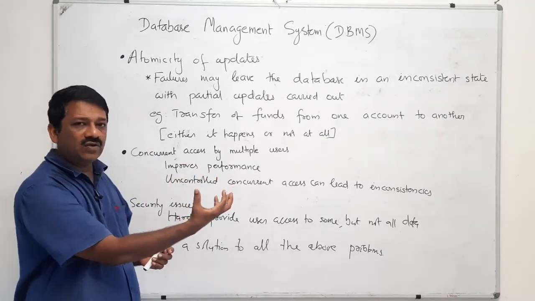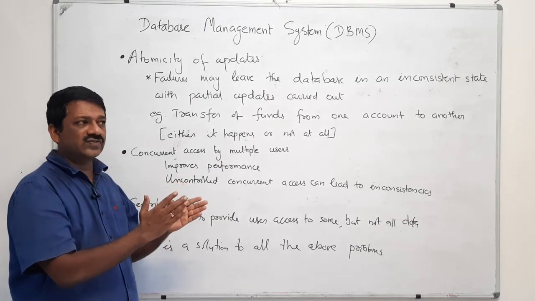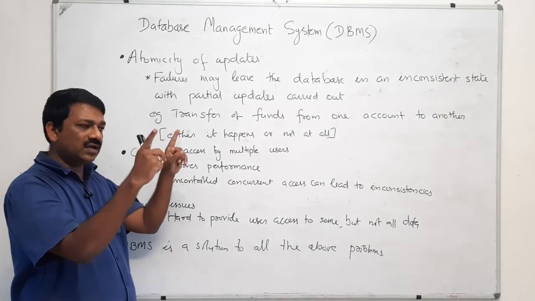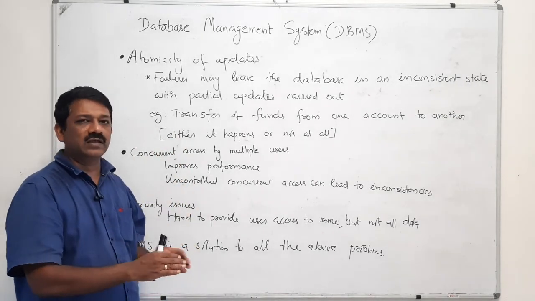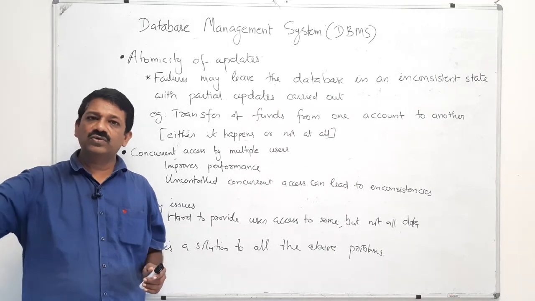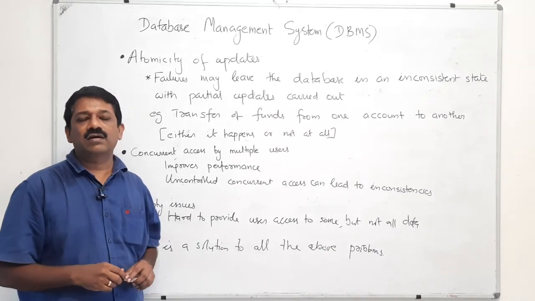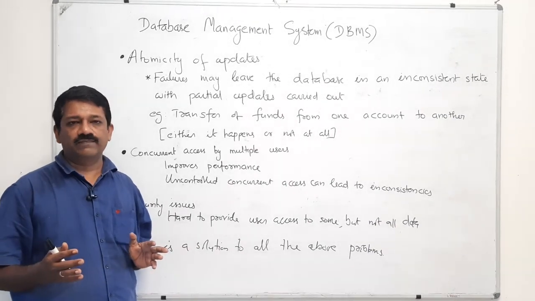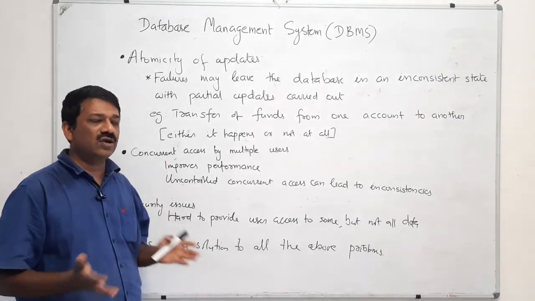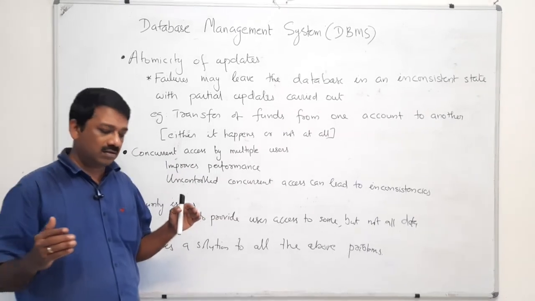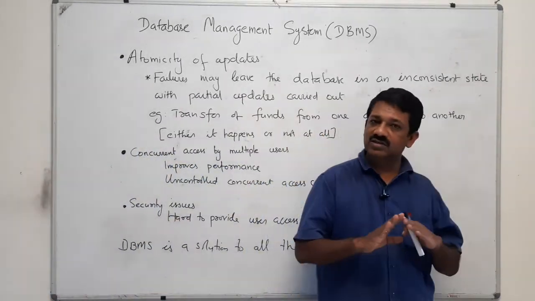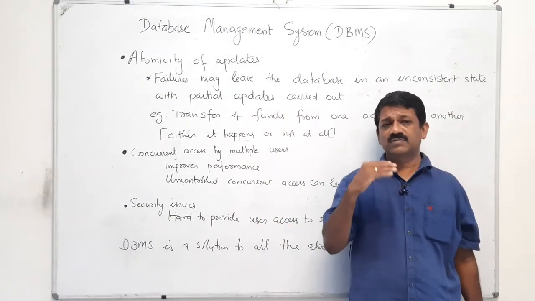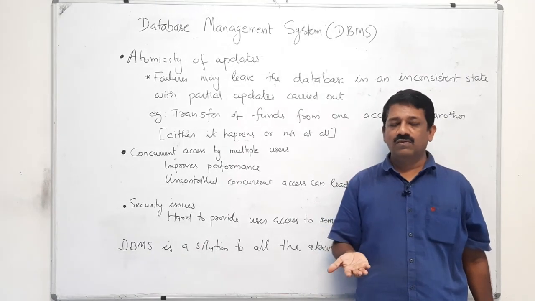You debit 500 rupees in the first file system, and if the credit is not done at the same time in the receiver's account, then the transfer is incomplete. Either it should be done completely or not at all. These things are very difficult to do in a file system, but if you use a database management system, this can be overcome.